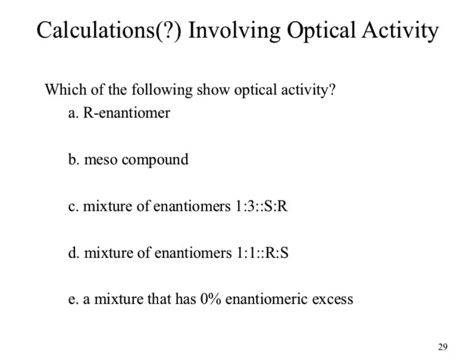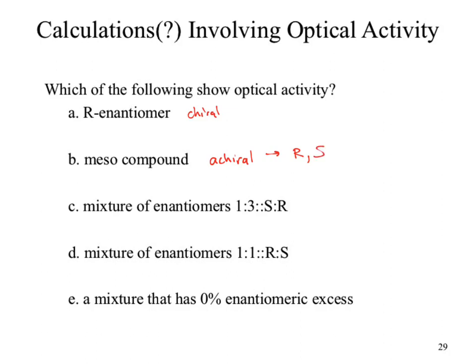How about a meso compound? What was meso? Okay. A meso compound, we got a couple suggestions out here, was achiral. Doesn't it have a chiral atom? Yes, it does. But it has two. It has an internal mirror plane. So if one is R, what is the other one?